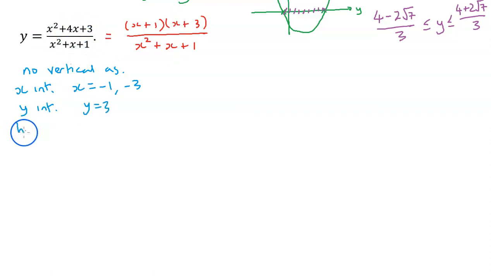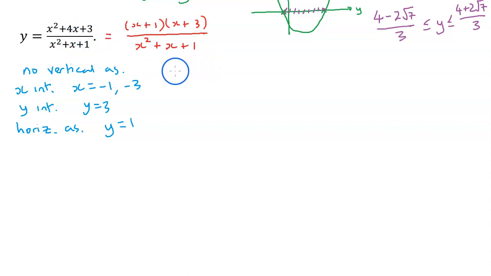We have a horizontal asymptote, that's just y equals 1, for reasons we've discussed multiple times before. Now for this one here, because we have the range of our function clearly trapped between two numbers, it looks like there's going to be maximums and minimums. It's a completely continuous function because there's no vertical asymptotes, and it's a simplified rational function.